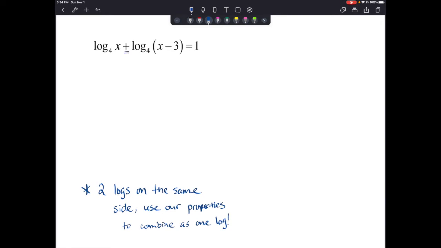Since we're adding here, we know that we can rewrite this as log base 4 of x times the quantity of x minus 3 equals 1.